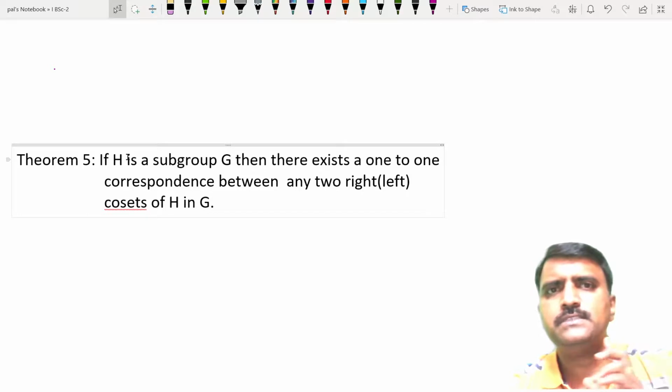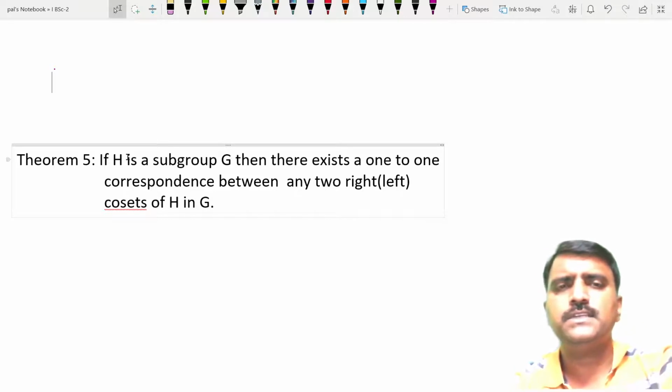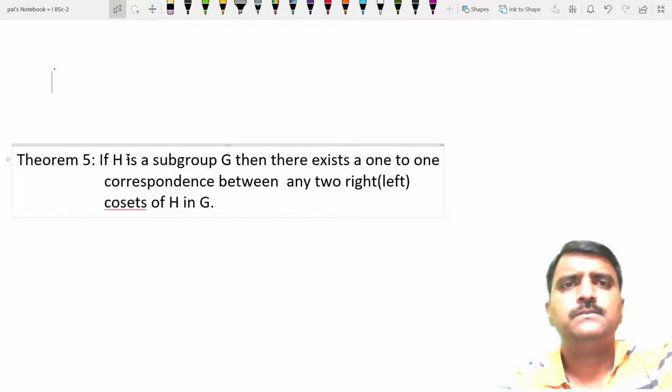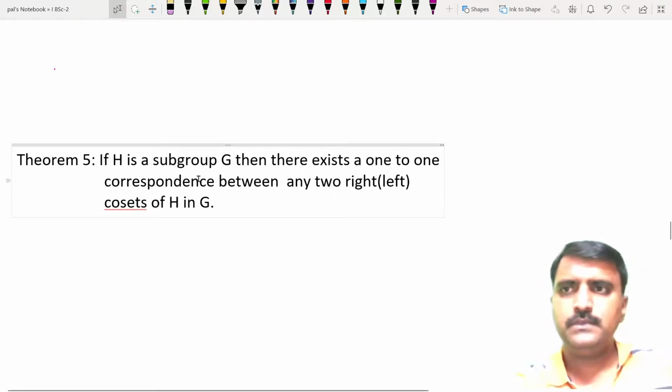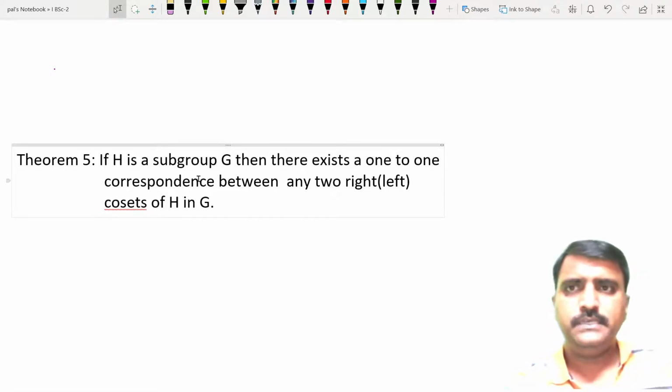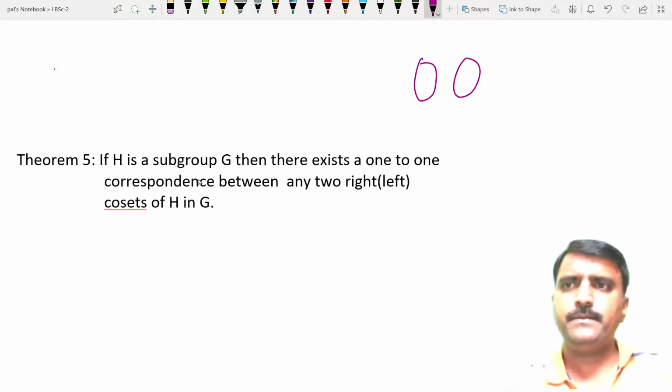You know what the 1-1 property and the onto property are. So what does the 1-1 property say? Okay, suppose f is a function defined between two sets A and B. A and B are any two sets.